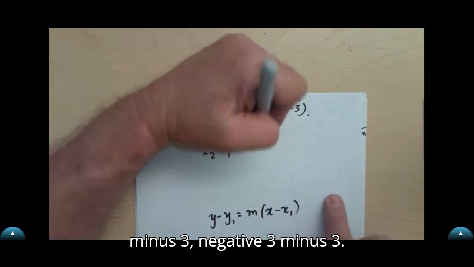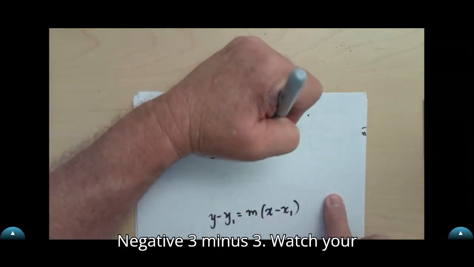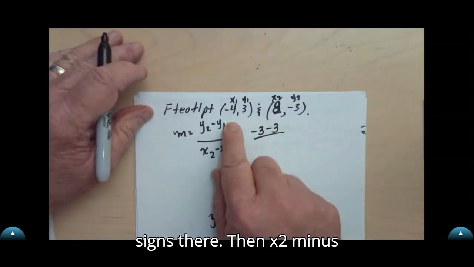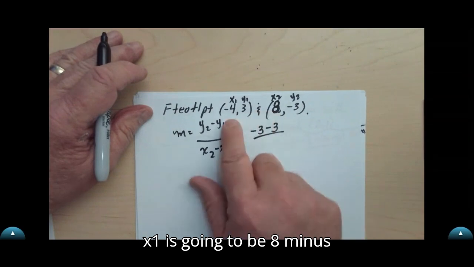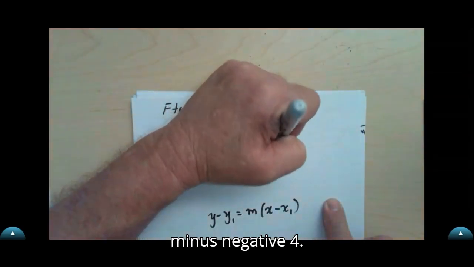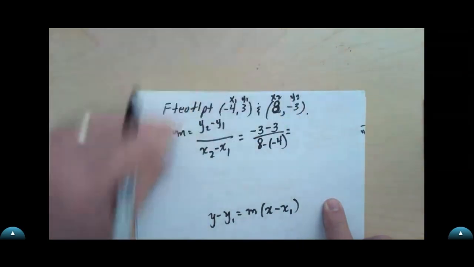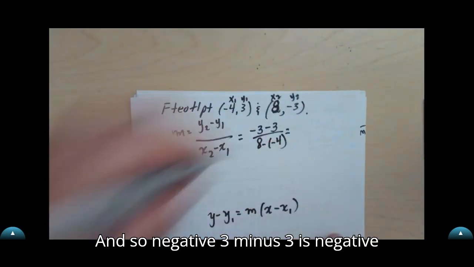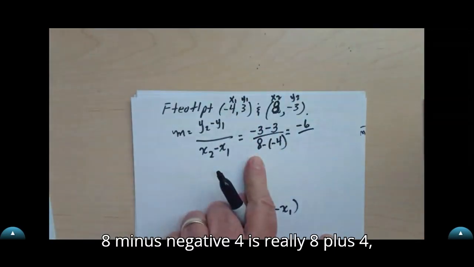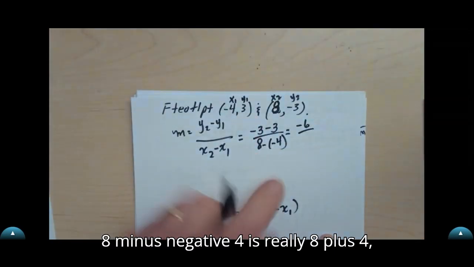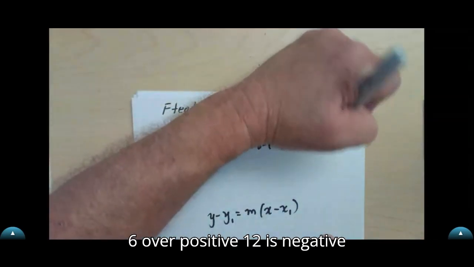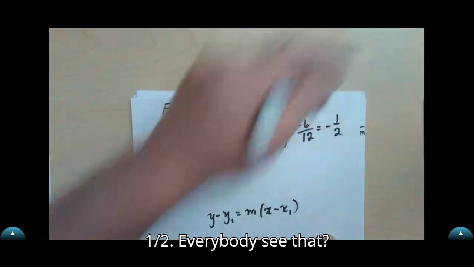What's your signs there? Then x2 minus x1 is going to be 8 minus -4. And so -3 minus 3 is -6 over 8 minus -4, which is really 8 plus 4, which is 12. And -6 over positive 12 is -1/2.